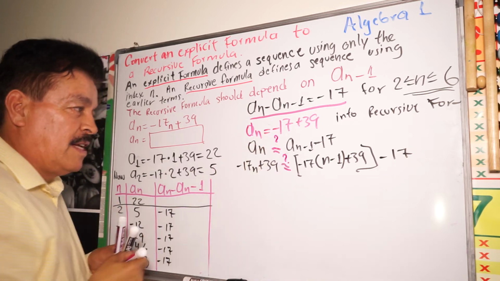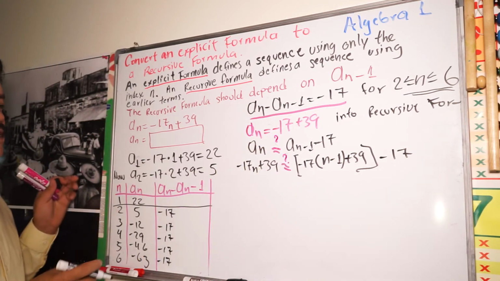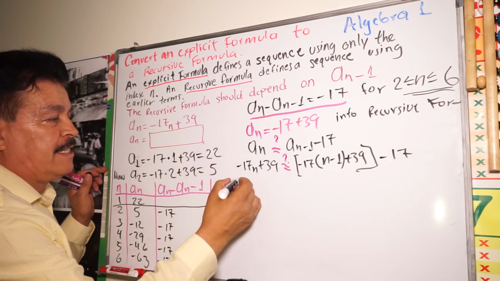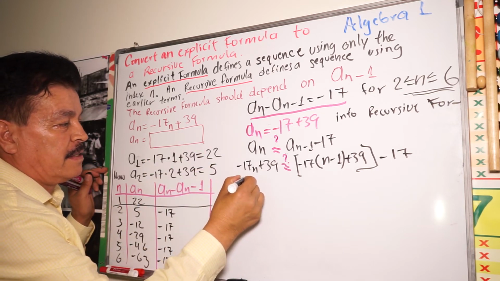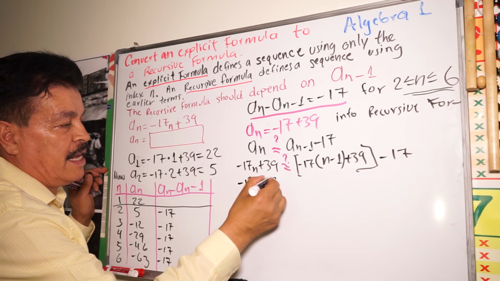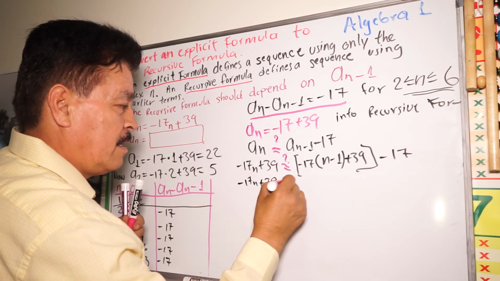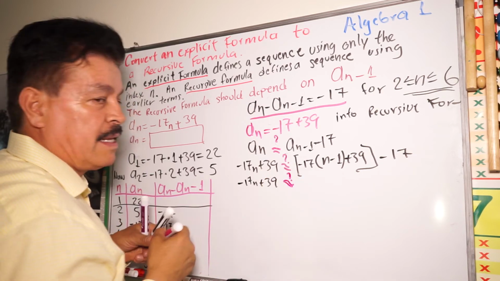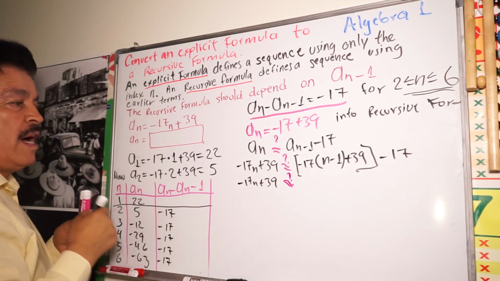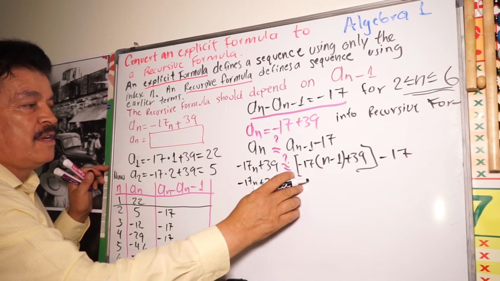Okay, next step. Write down again this negative 17n plus 39, equivalent to here now.